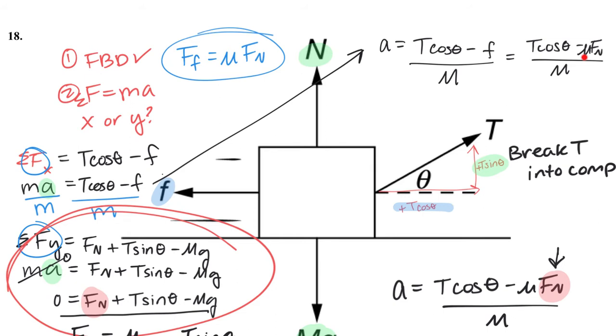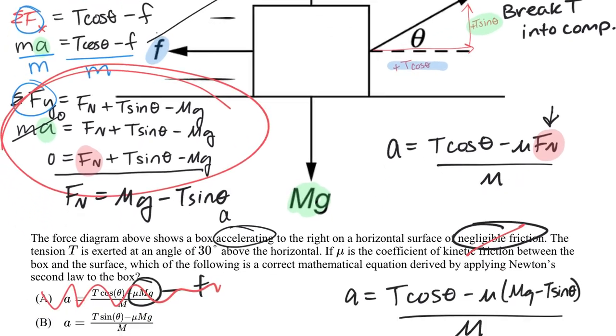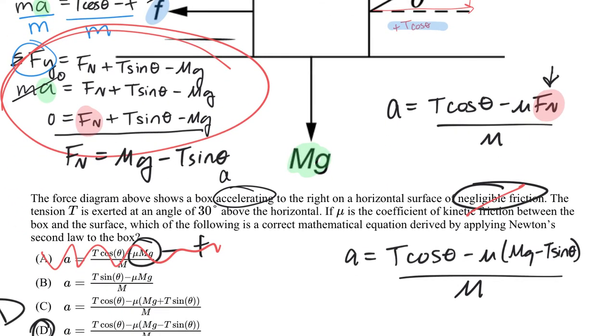Then I looked at this equation and tried to see what was similar between it and the equation I got from the y direction. And I saw that it was force normal. So I solved for force normal, plugged it in here, and the answer is D.